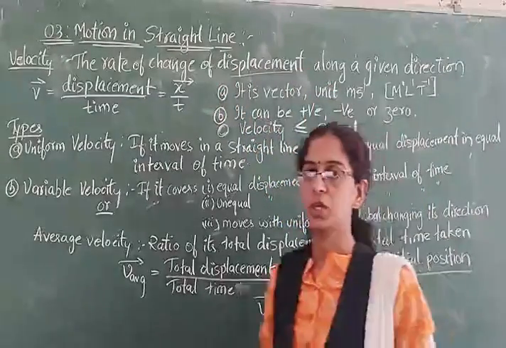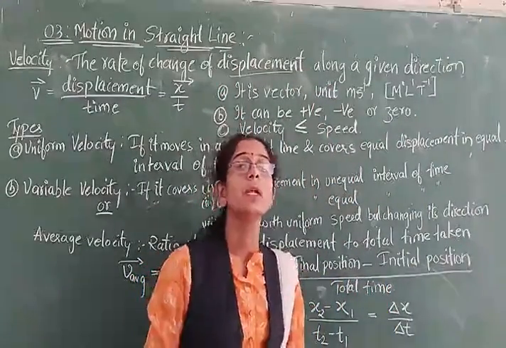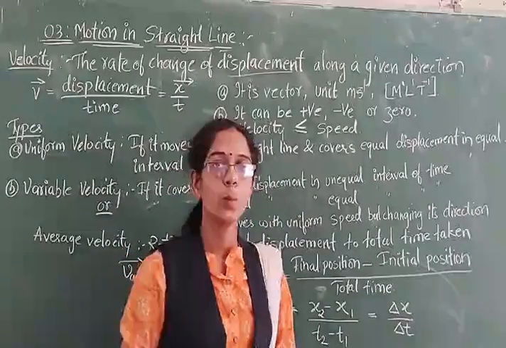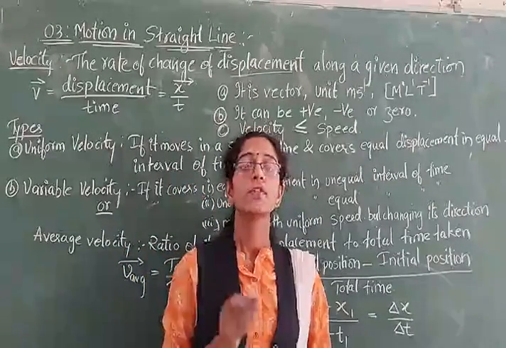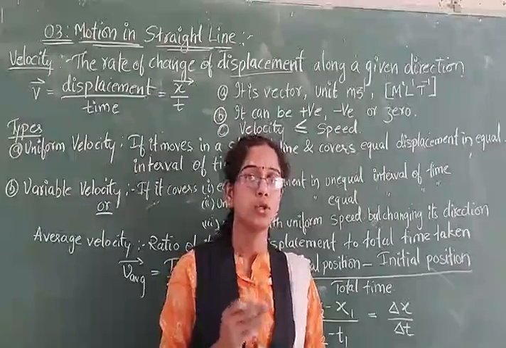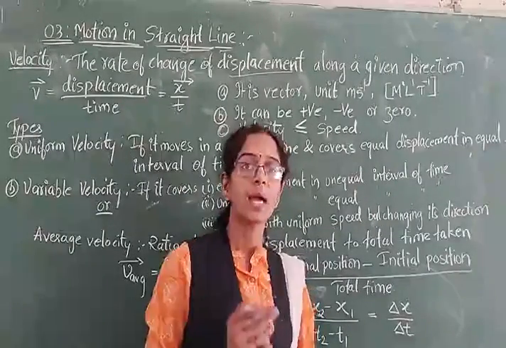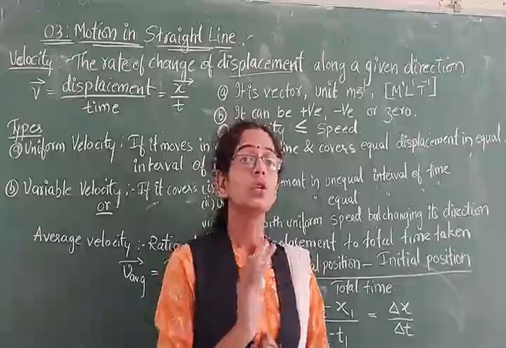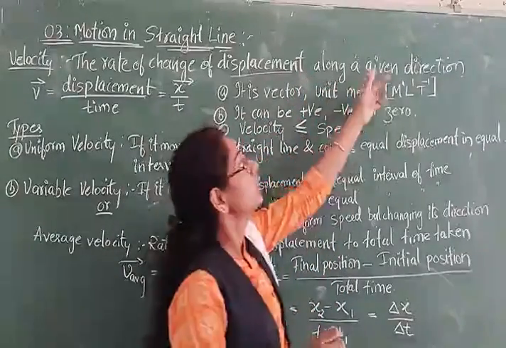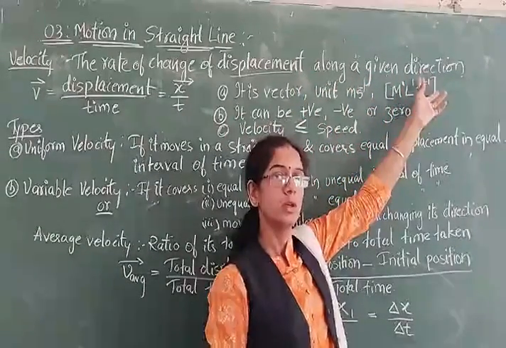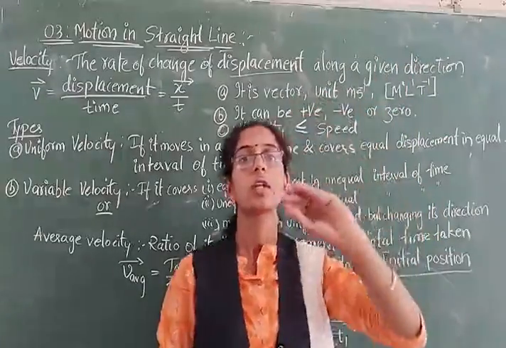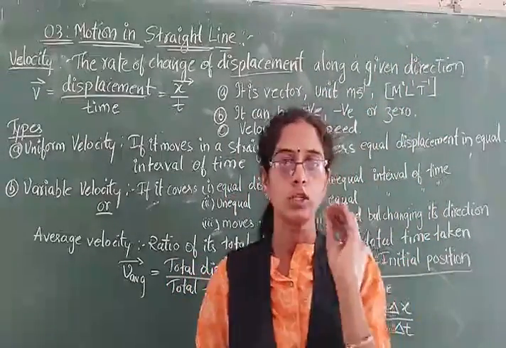Displacement of the object. Now displacement is a vector quantity. A vector quantity is something which has a direction also along with what? Magnitude. So along a given direction, that quantity is called what? Velocity.